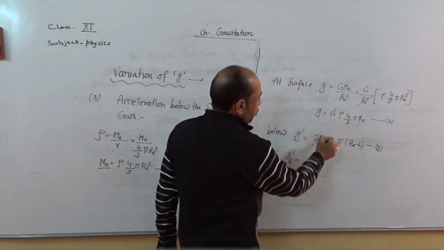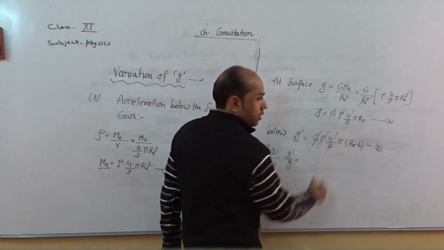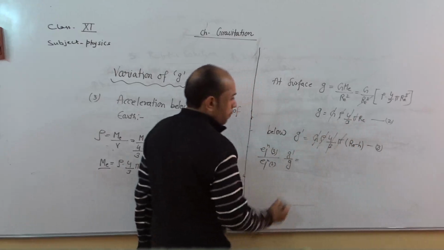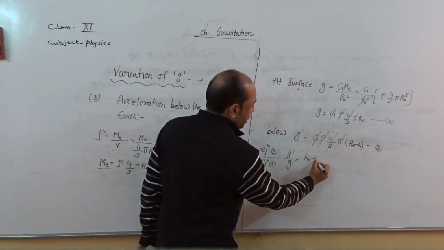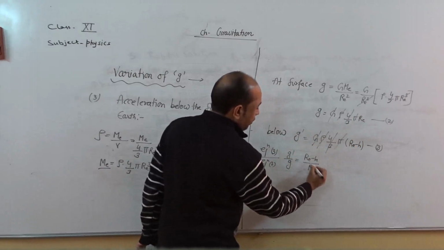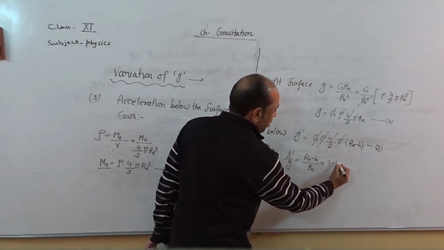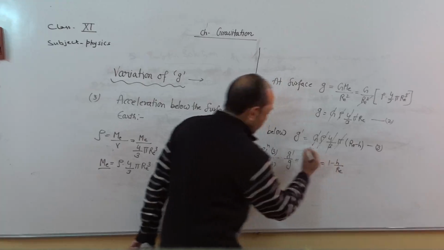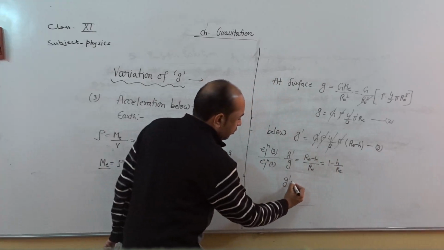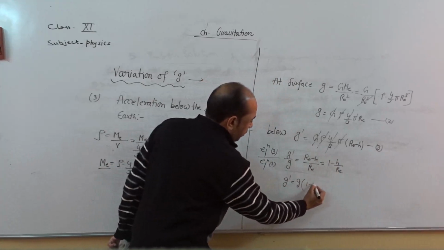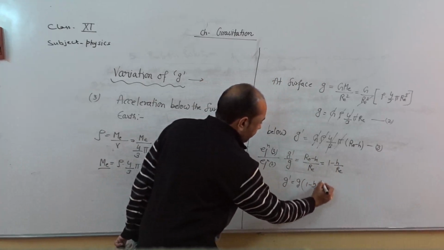G to G cancels out, rho to rho, 4/3 to 4/3, pi to pi cancel out. So remaining we have (Re minus h) divided by Re, or 1 minus h upon Re. So g dash becomes g times (1 minus h upon Re).